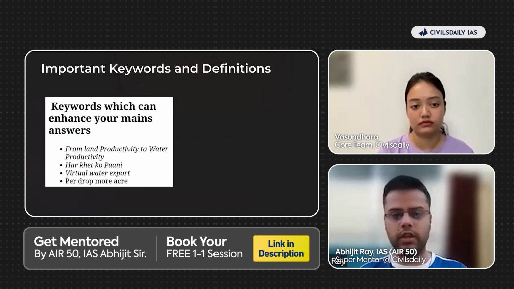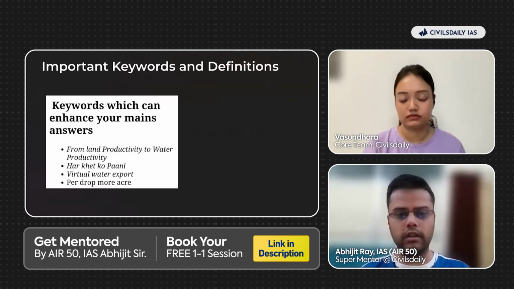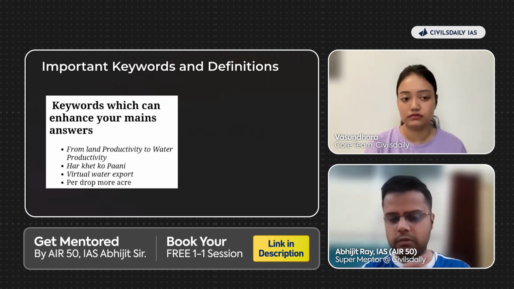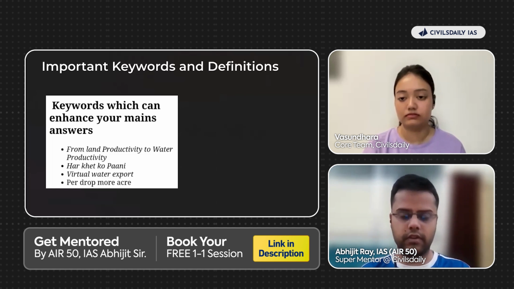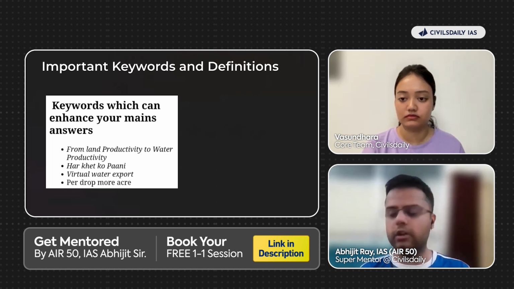For example, all these four keywords are from this Krishi Sinchai Yojana, this Har Khet Ko Pani Yojana, right? The irrigation thing. Har Khet Ko Pani, sorry. So in any current affairs you look at, you will see these keywords almost everywhere. If you see that, note these keywords, and next time when you're writing something about agriculture, some mains answer about agriculture, then you try to put this inside, but it will not come that easily.